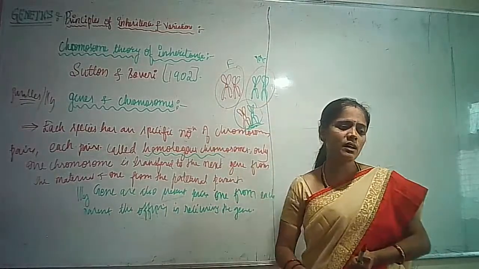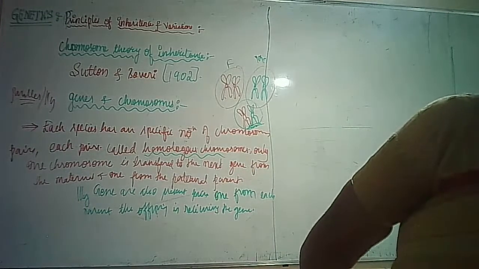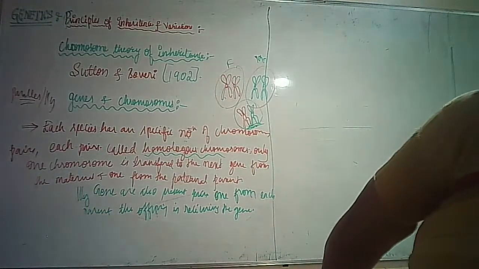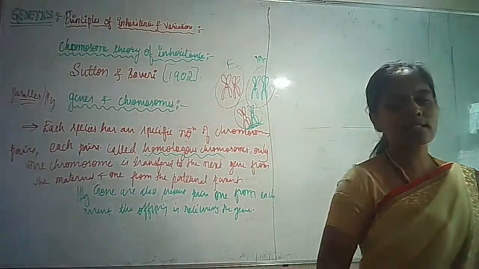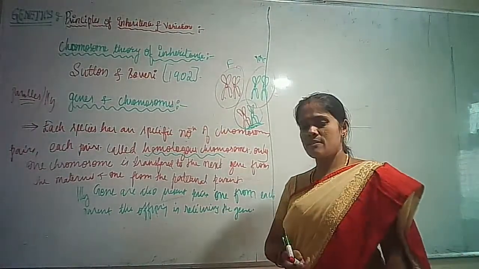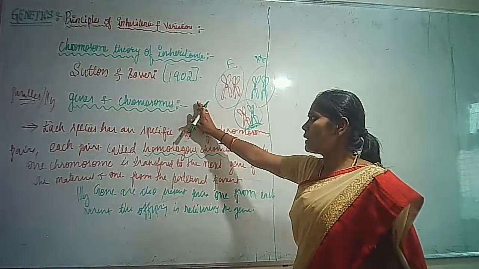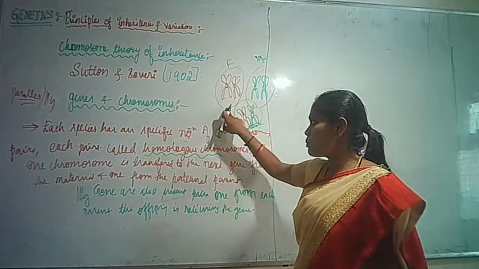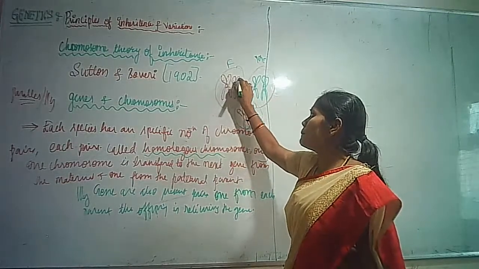What is the parallelism here? The parallelism is that both chromosomes and genes are present in pairs, and the offspring gets one of each from each parent.